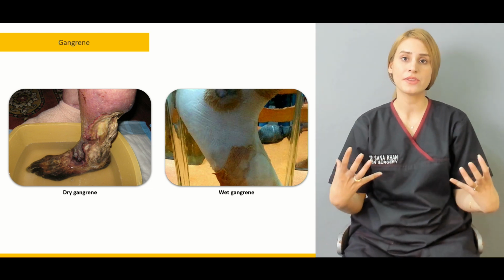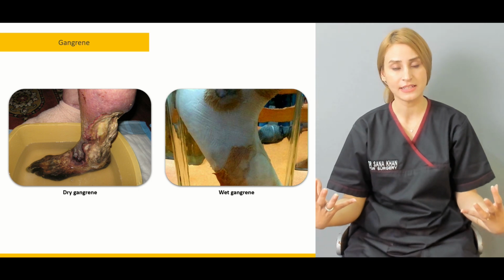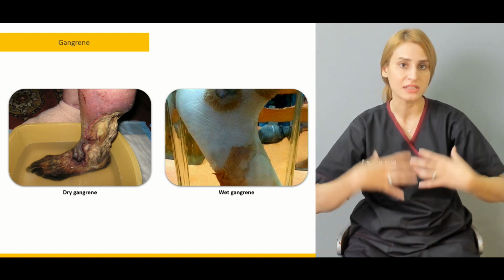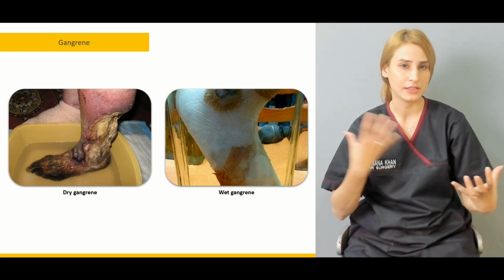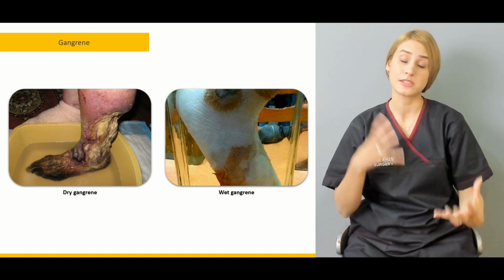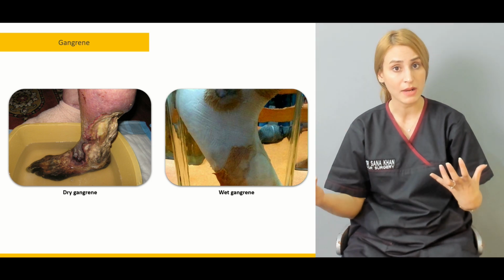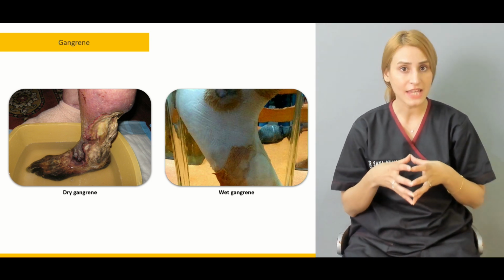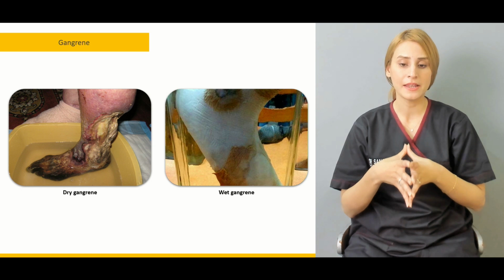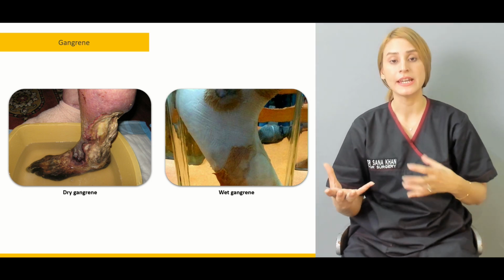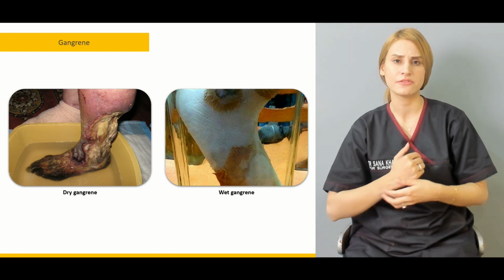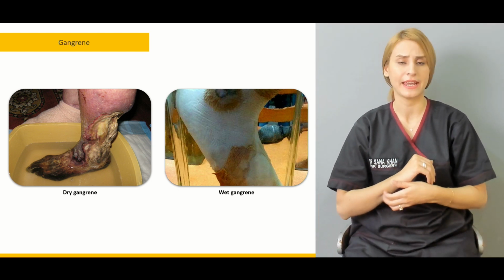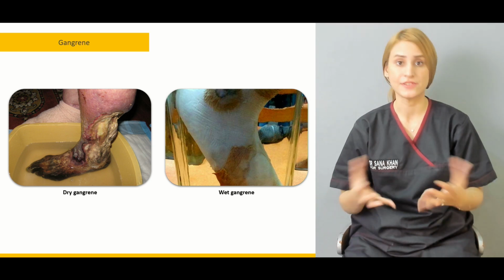Whenever collateral vasculature is developed, the blood still goes on, and the blood supply to the specific organ or tissue is not compromised to that extent. So the patient usually does not develop gangrene, and it's a gradual, slowly progressive process, and the presentation is obviously not acute.